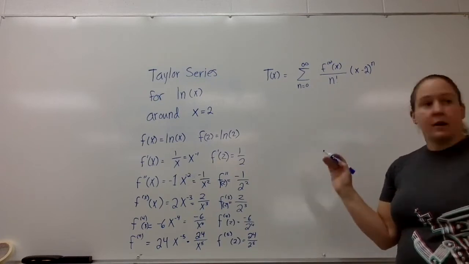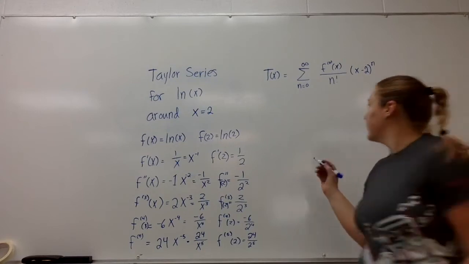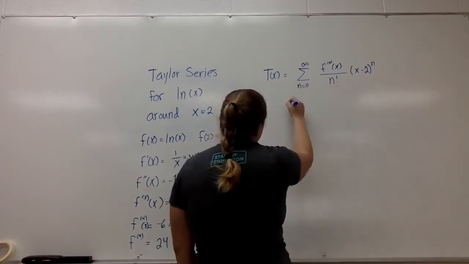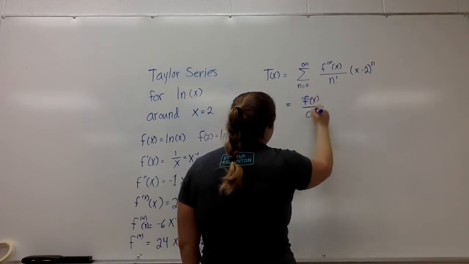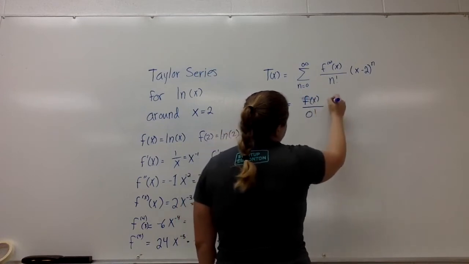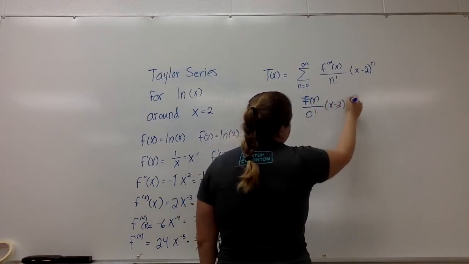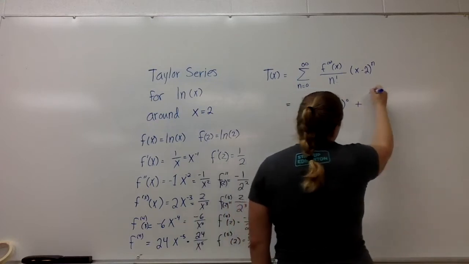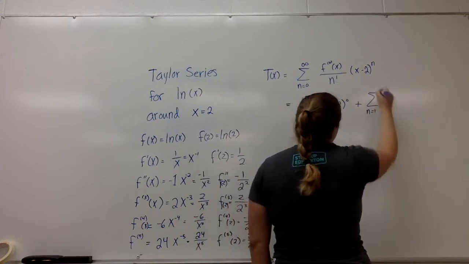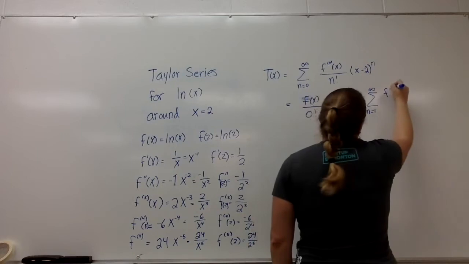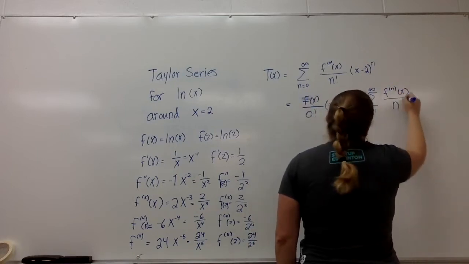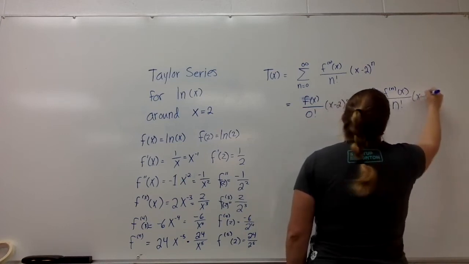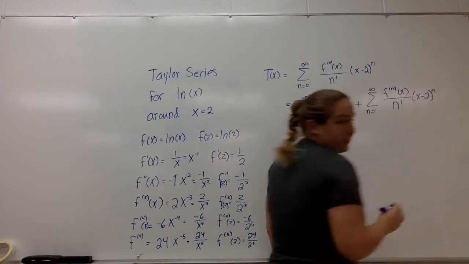So I'm going to split it off and just worry about the rest. Instead of doing our series like this, I'm going to think of it as f of x over 0 factorial times x minus 2 to the 0, and then the sum from n equals 1 to infinity of the nth derivative of x over n factorial times x minus 2 to the n.